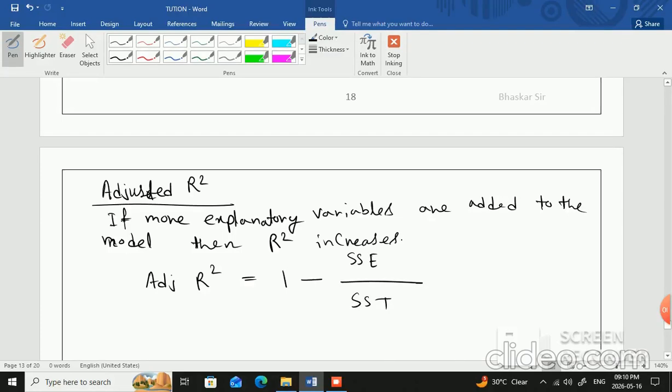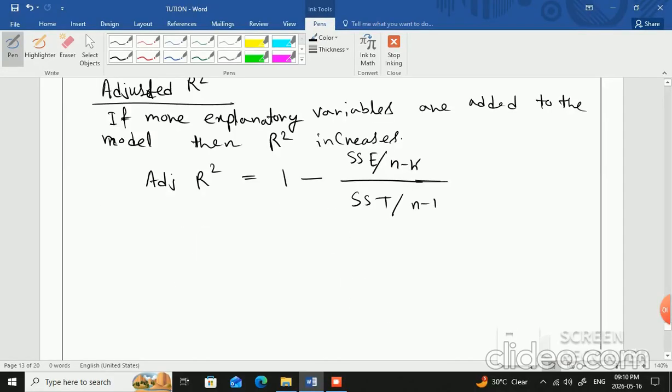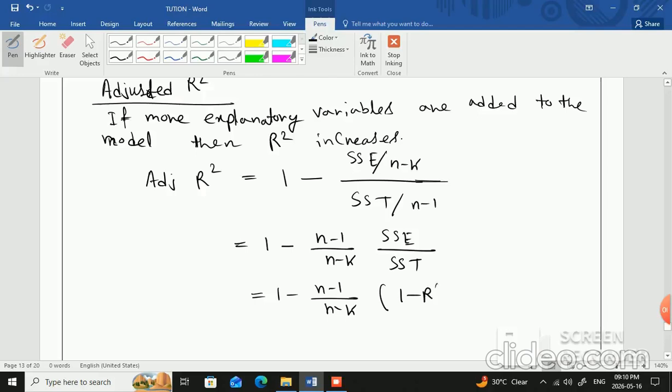If we divide SSE by n minus k and SST by n minus 1, we get adjusted R square. This is 1 minus R square.